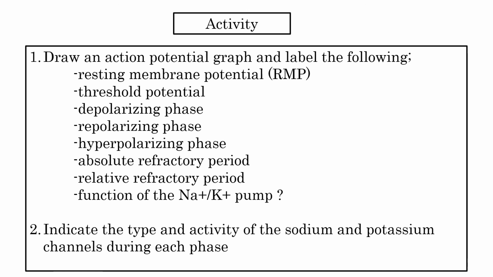Illustrate the depolarizing phase, the repolarizing phase, the hyperpolarizing phase, the two refractory periods, absolute and relative, and also where in the action potential the sodium potassium pumps are working and why they are working there. And you should know at each phase which ion channels are opening and closing.